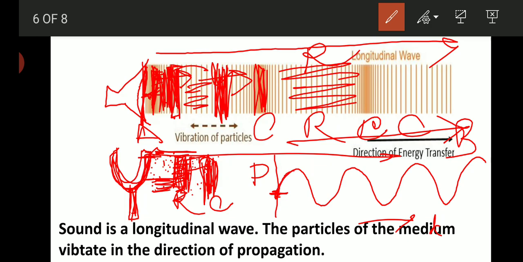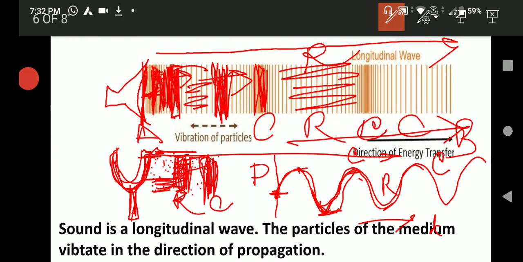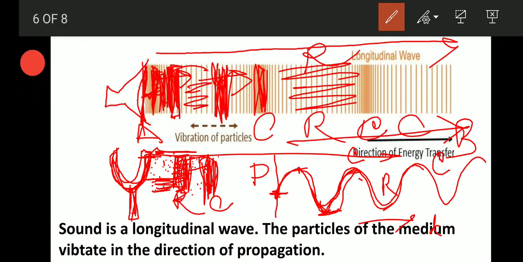As we go on, in the compression region pressure is maximum, then again pressure becomes minimum, and again when the particles come close to each other, here is the compression region, and here is the rarefaction, again here is the compression. So in the waveform, the crest shows the compression region and the trough shows the rarefaction region.